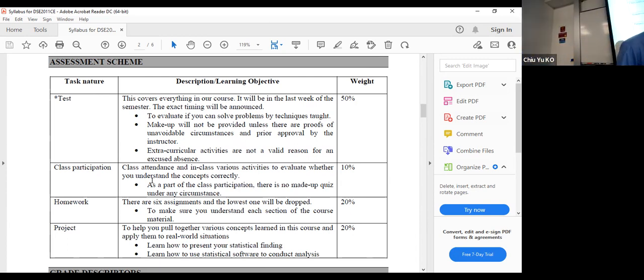Last year we had a 1.5-hour test, but this year we have made it shorter, a 1-hour open-book test, so you can bring whatever you like. I will release more details when everyone has decided to add or drop, to decide the final hour. Participation will be 10%. It's very standard.